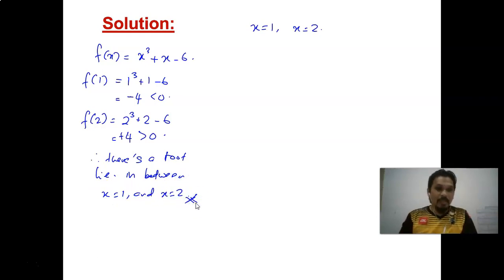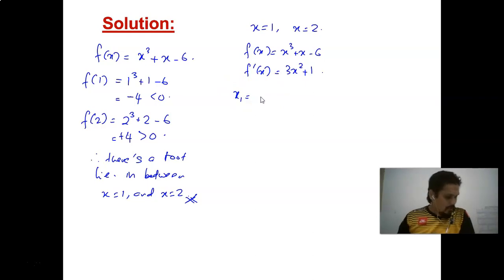Okay, so now f(x) equals x cubed plus x minus 6 and f prime(x) equals 3x squared plus 1. The first value, x1, is given, that is 1.6.